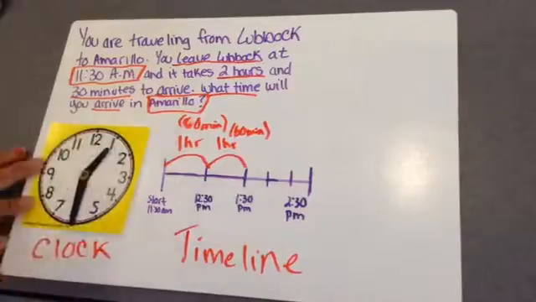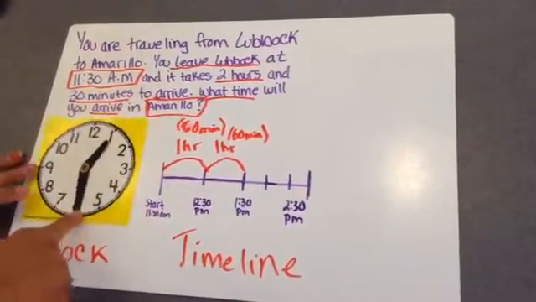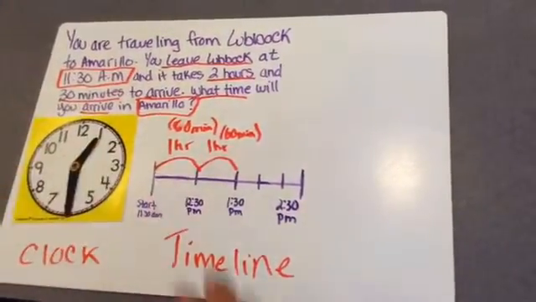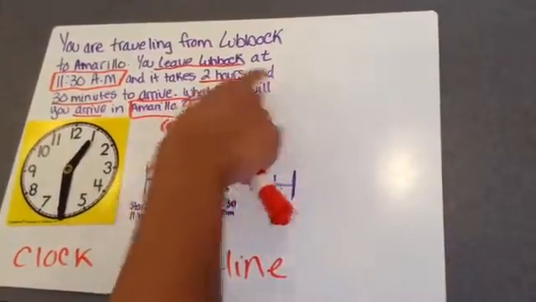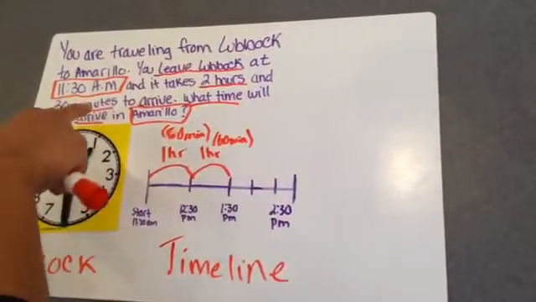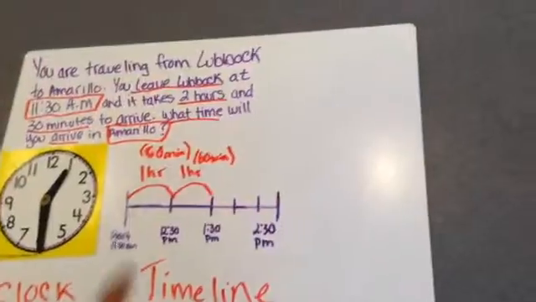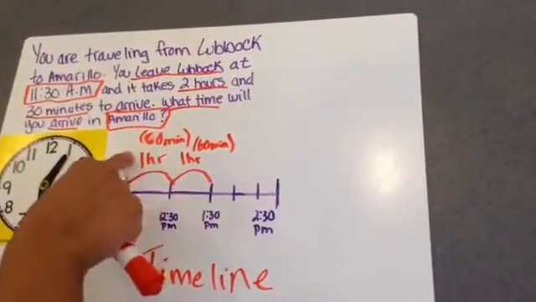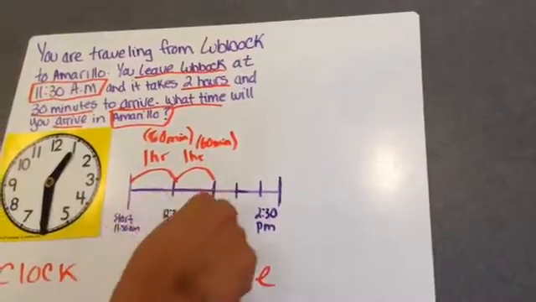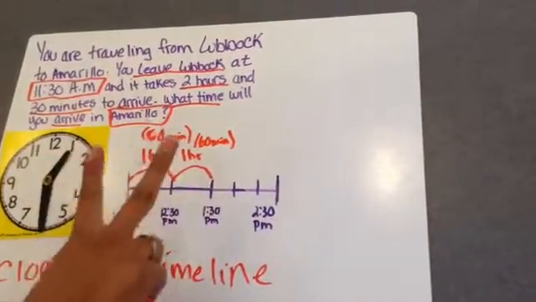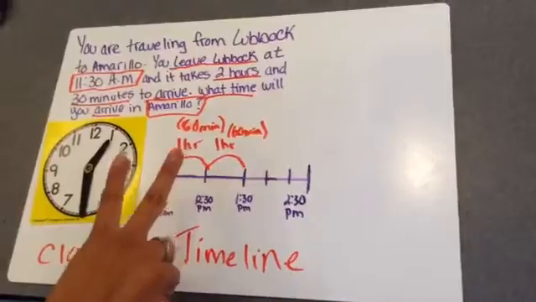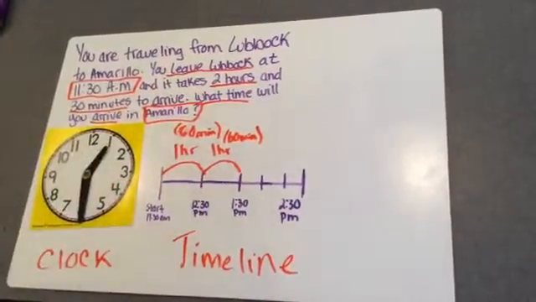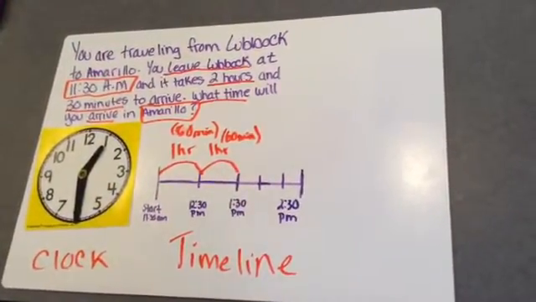So we went all the way around, and it was at 1:30 now. Okay, so on top of the 2 hours, we need an extra 30 minutes to arrive. So we've already gone from 11:30 to 12:30, that was 1 hour. From 12:30 to 1:30, that was another hour, so that's 2 hours. And we need still another 30 minutes to arrive to Amarillo.